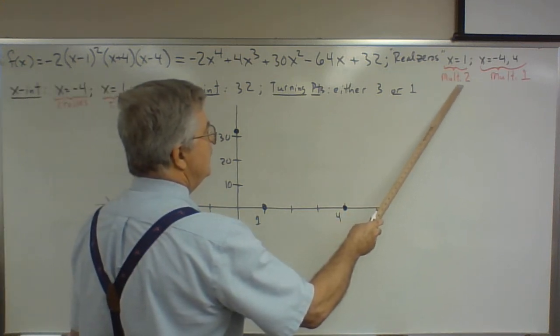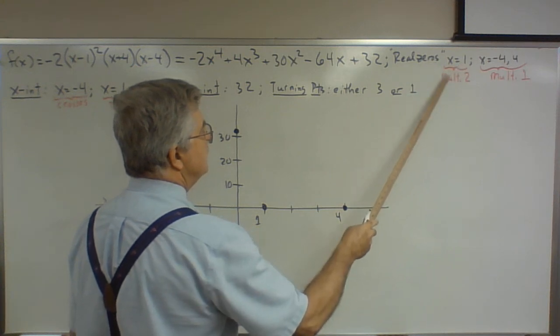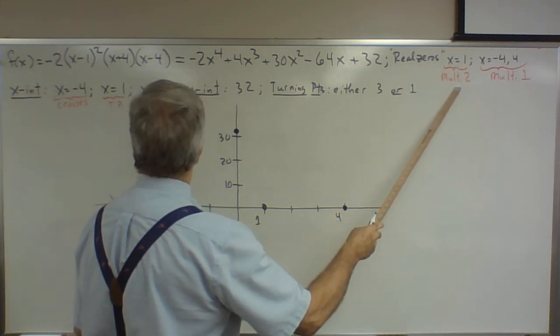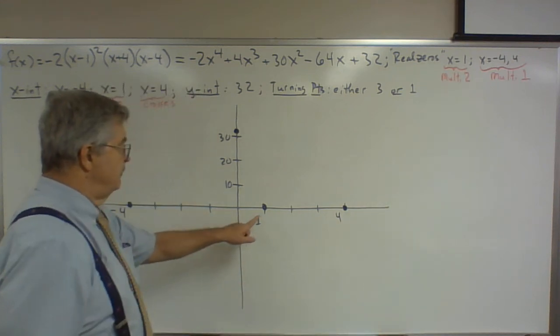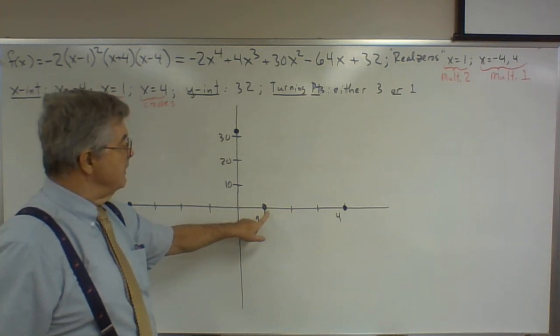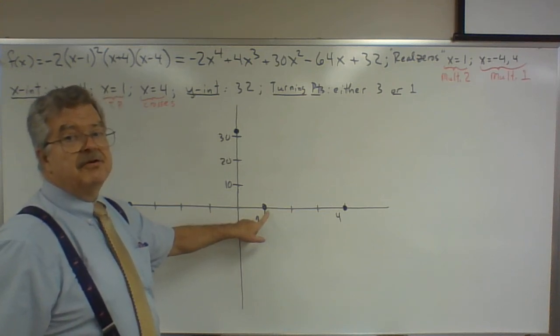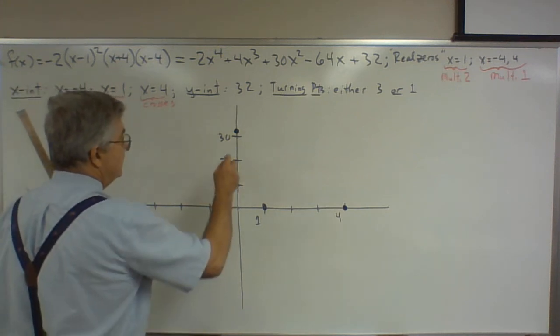X equal 1, it's an intercept. It's also a real 0 with multiplicity 2. The graph is not going to cross the x-axis at this point. The graph is going to turn. X equal 1 is a turning point.